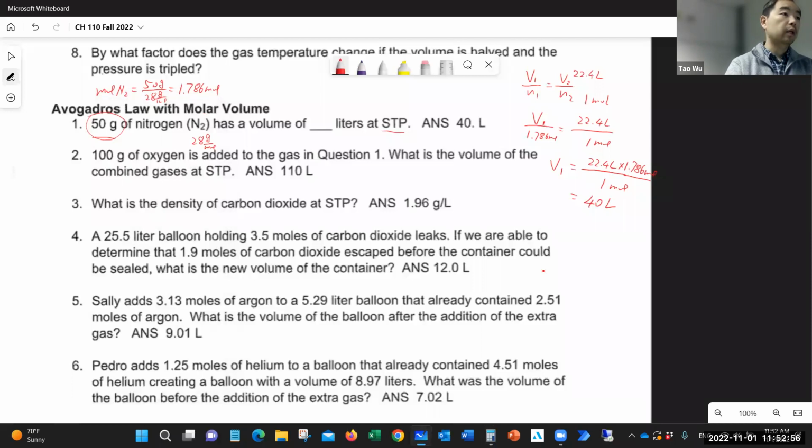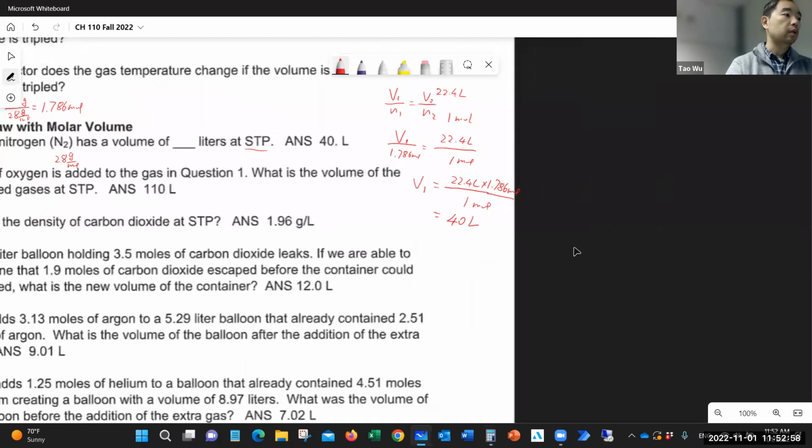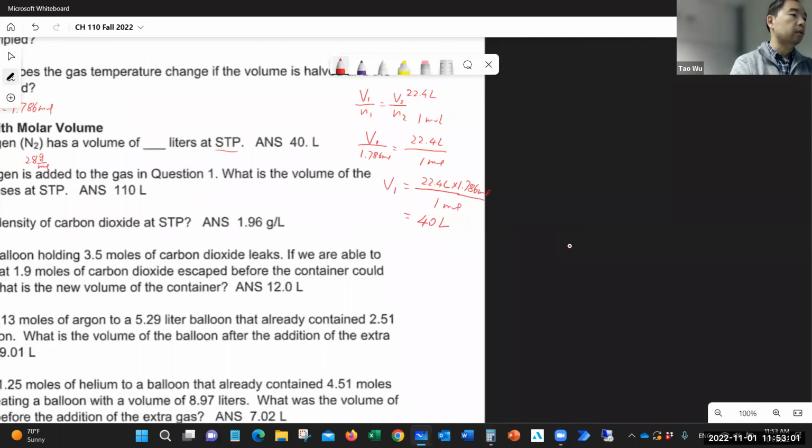The other way, you can also use 22.4 liter per 1 mole. We have this relationship, which means 1 mole of the gas is equal to 22.4 liter, but this is under STP condition.